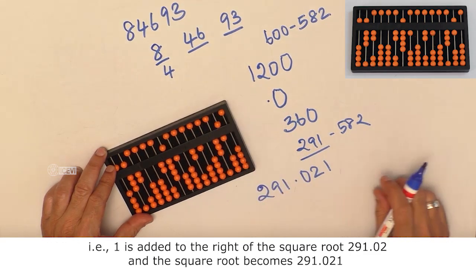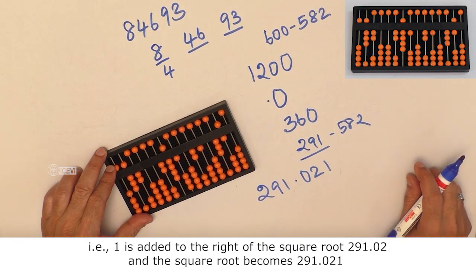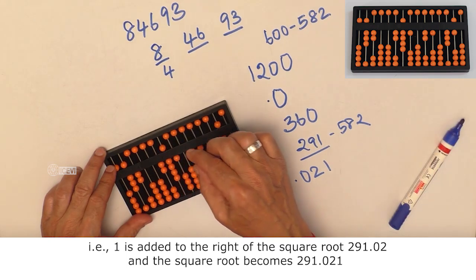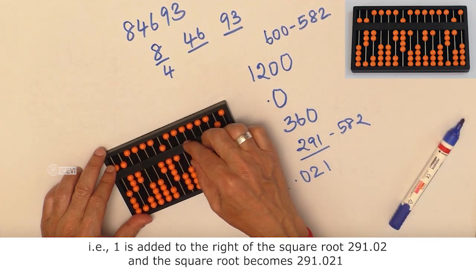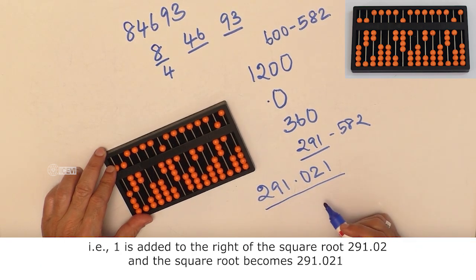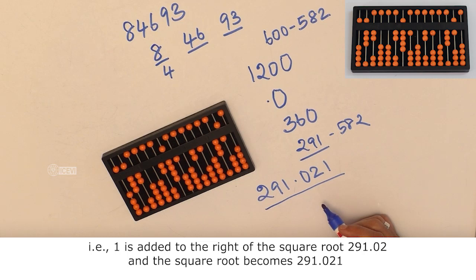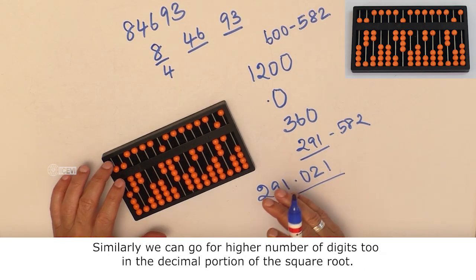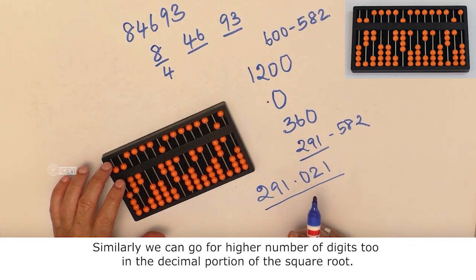That is, 1 is added to the right of the square root, 291.02, and the square root becomes 291.021. Similarly, we can go for higher number of digits too in the decimal portion of the square root.